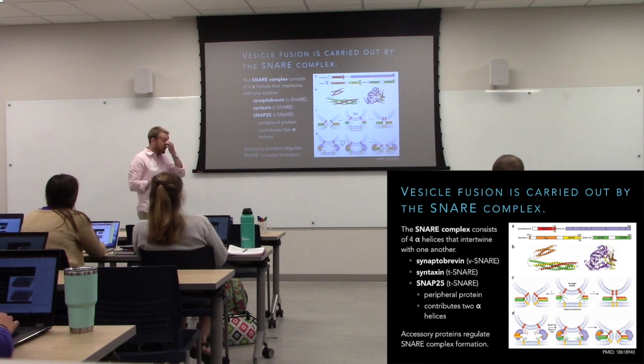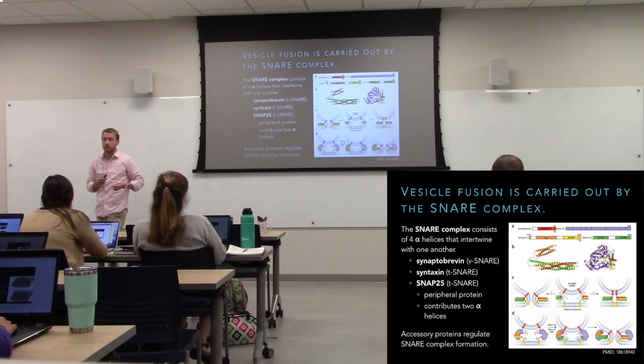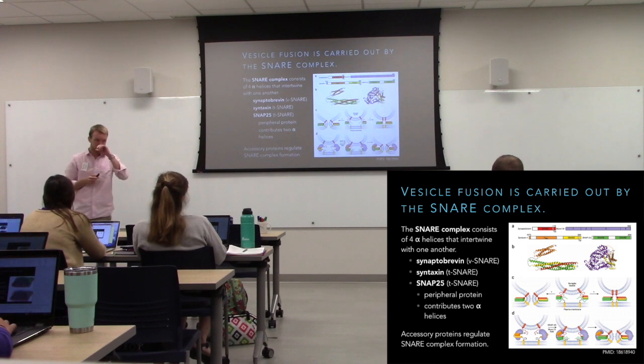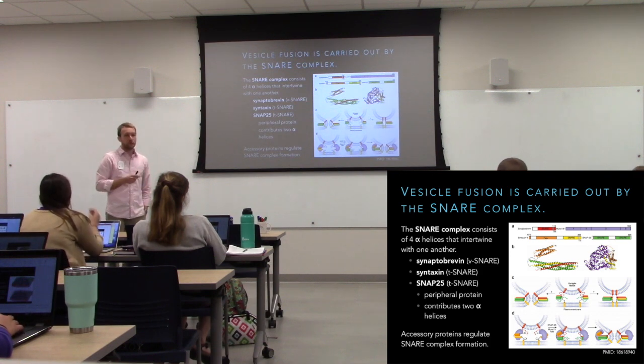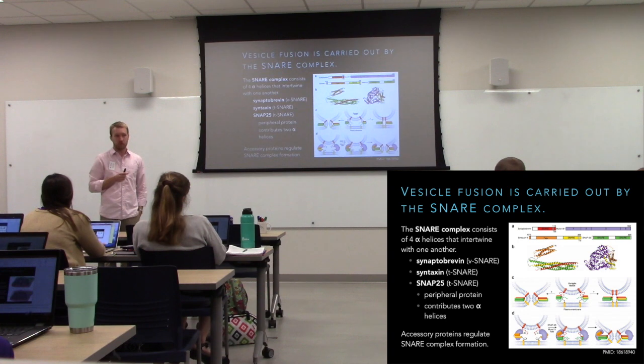The release of neurotransmitters is going to be driven by SNARE proteins. SNARE proteins are used throughout the cell. They're not just used for neurotransmitter release. If you're familiar with trafficking through your endoplasmic reticulum and Golgi, you've probably heard of SNARE proteins before.